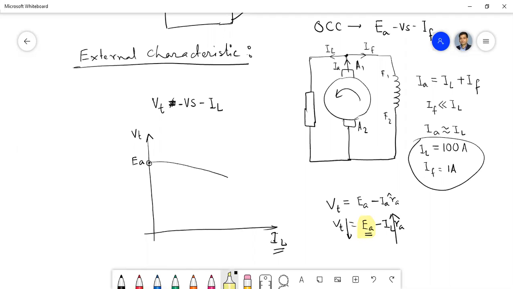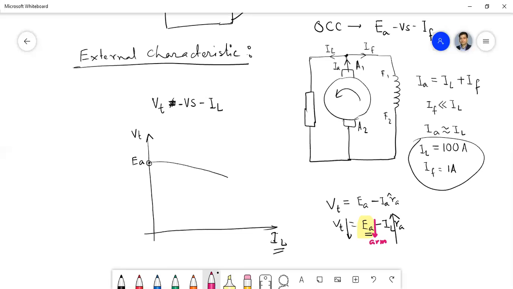You know that due to the armature reaction, the EA can vary. Is that clear? So if EA varies, then due to that Vt will vary.